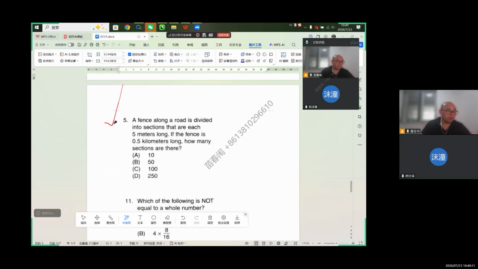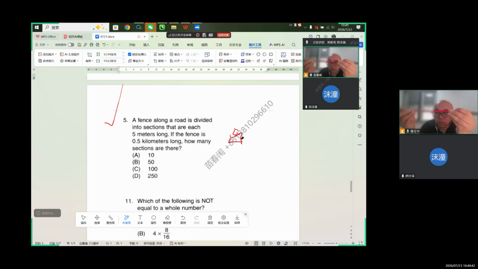So, how do you want to do it? First, they said each section is 5 meters long. You should draw something, right? That's 5 meters. Each section, which means there are more, right? 2 sections, 3 sections? Does that make sense? I'm doing that on my camera.